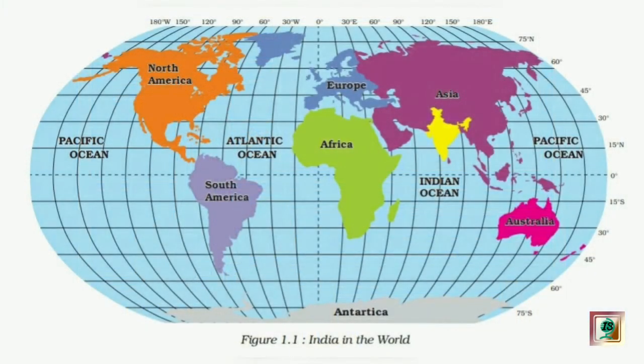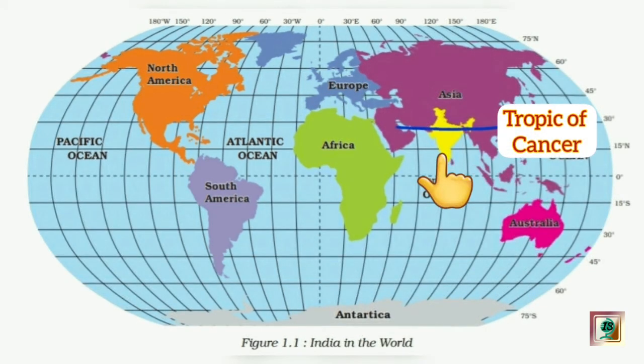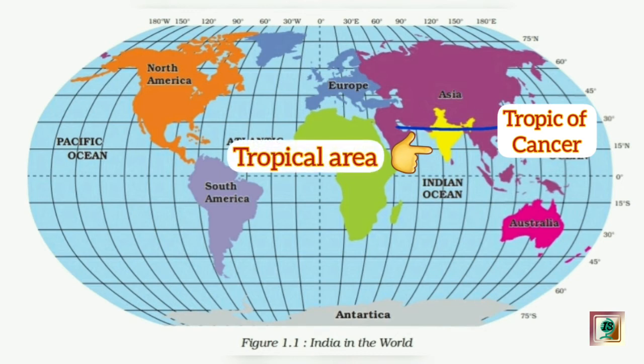To understand it better, let us have a look at the world map. In this map, you can see the location of India. The Tropic of Cancer is passing through the middle of the country. You can see almost half of the country lying south of the Tropic of Cancer belongs to the tropical area.